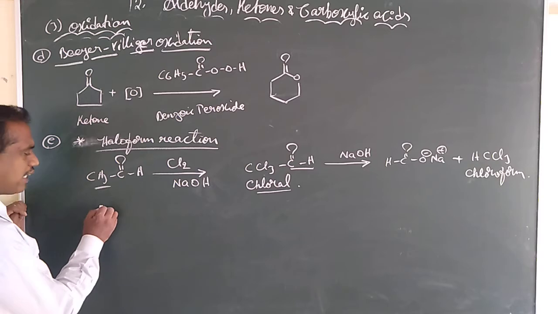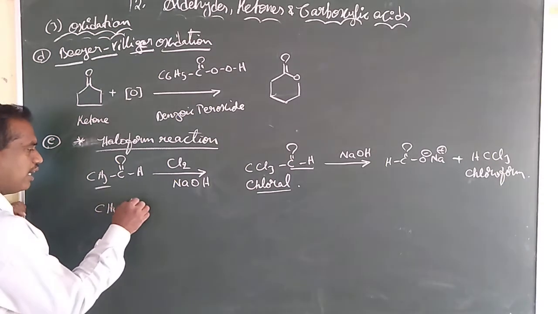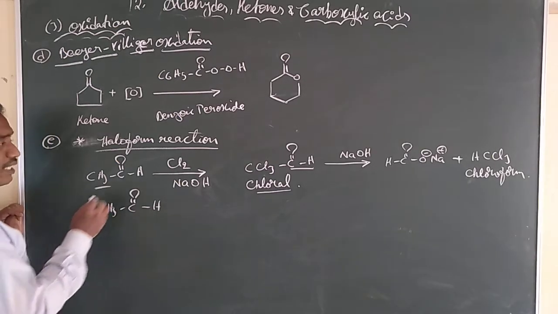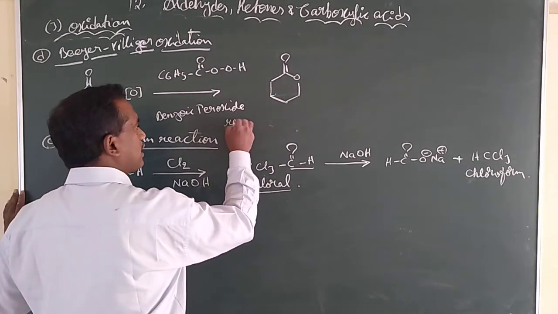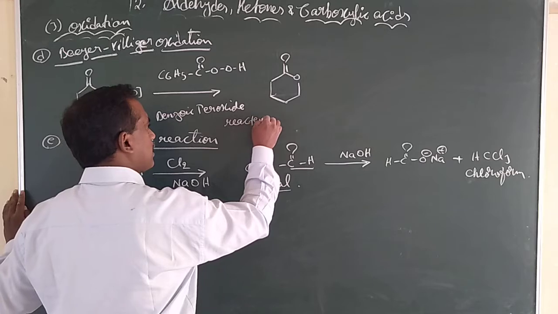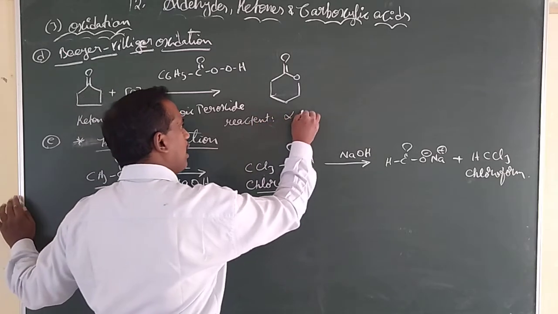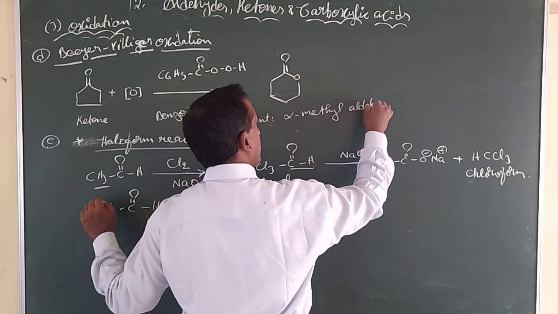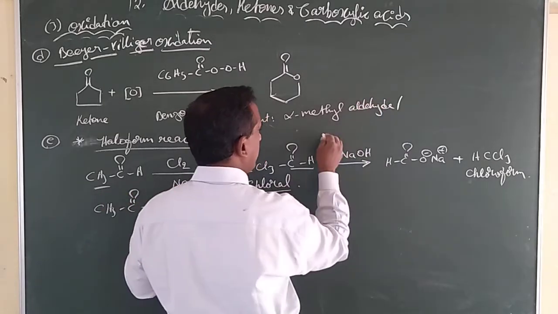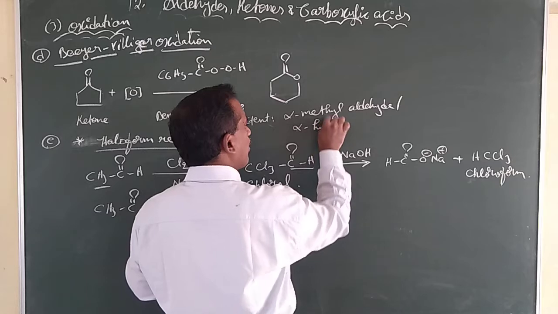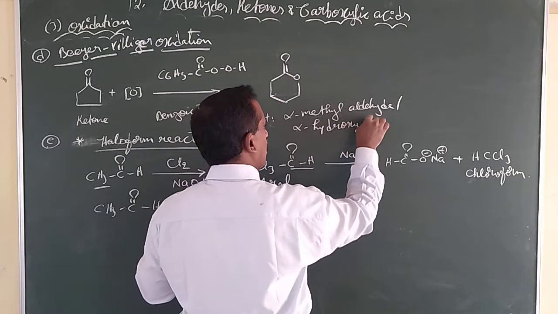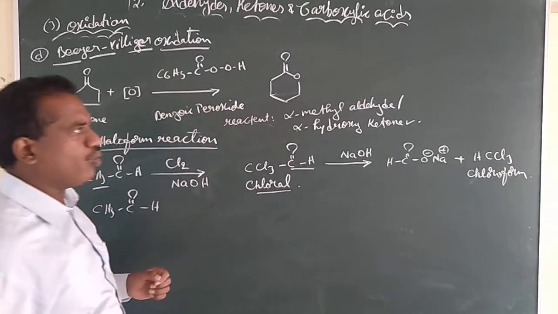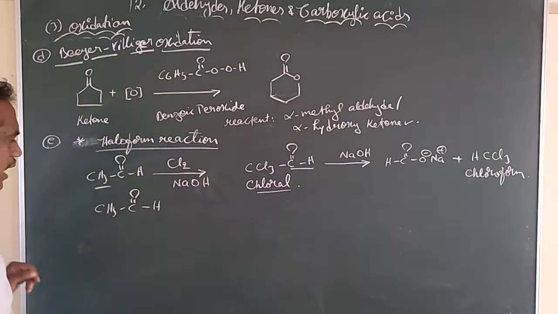But an important condition here for the haloform test is that this reactant must contain an alpha methyl aldehyde or alpha hydroxy ketone. Only those can undergo the oxidation reactions.